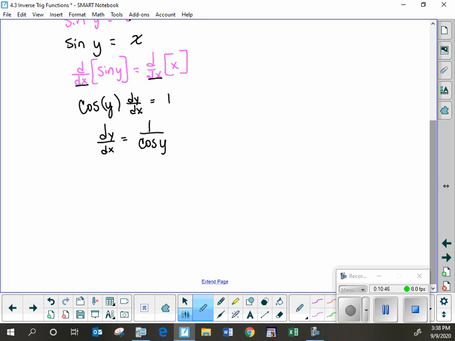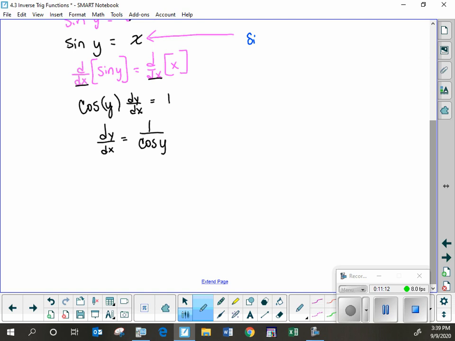So I would like it in terms of x. And how am I going to get that? Well, it would be lovely if we could replace cosine of y. What is the cosine of y? I wish I knew. Well, we do kind of know. I'm going to go back to a spot here. From that, I can draw a little picture.